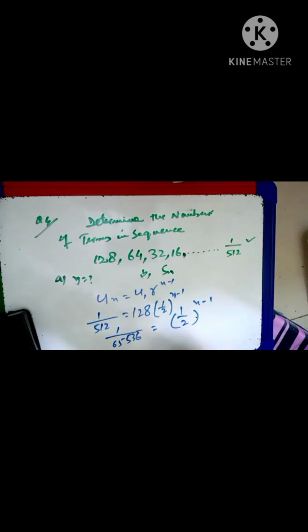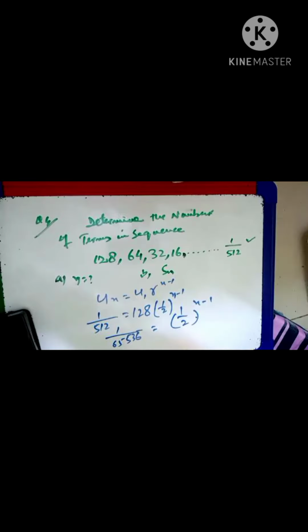Can you tell me the value of n now? I have to use log, right? Yes, same log. When the power is n, you must use log. Log this divided by log this, plus 1. The same as I did in the last question. Just use the calculator.